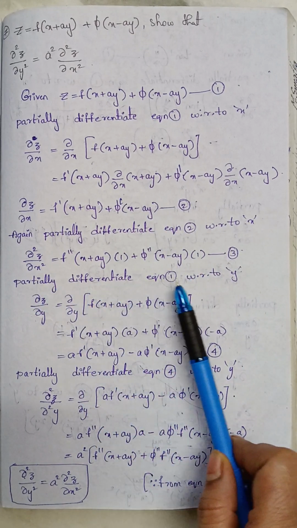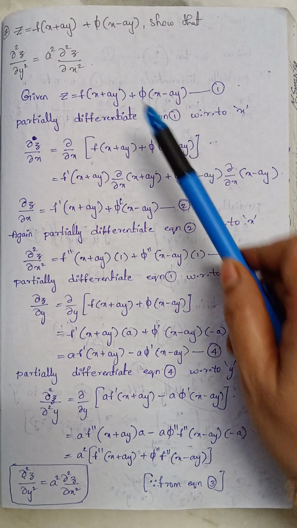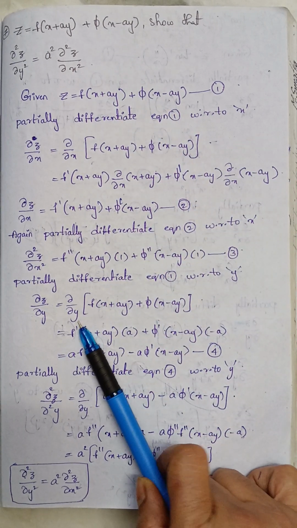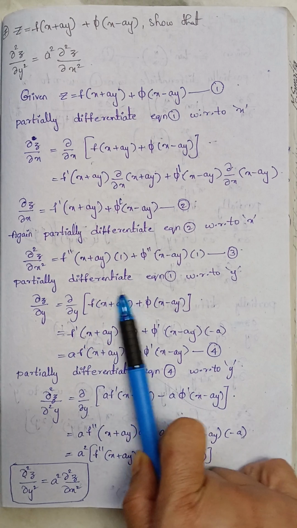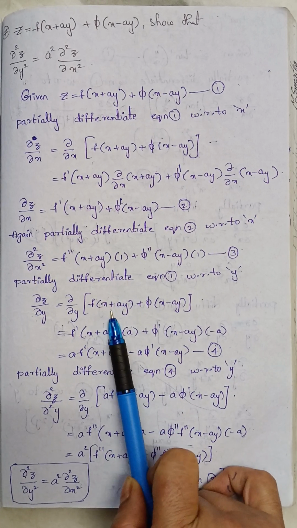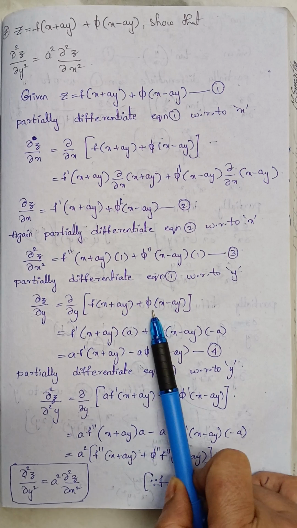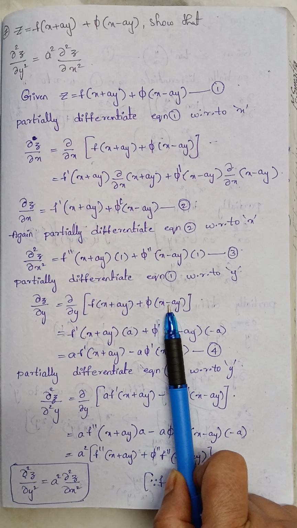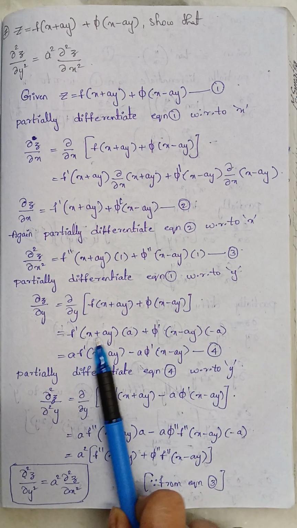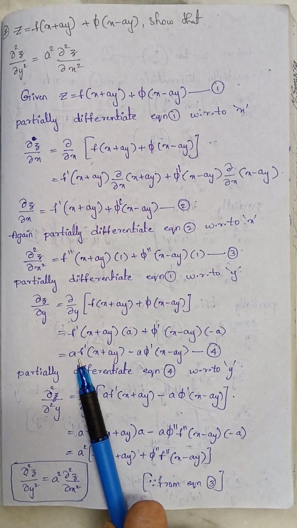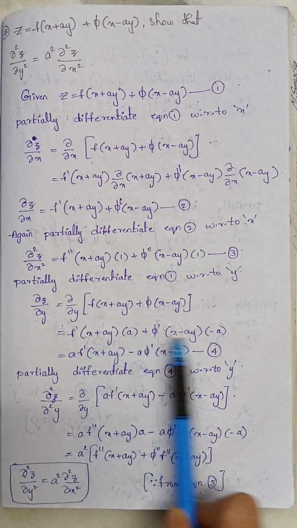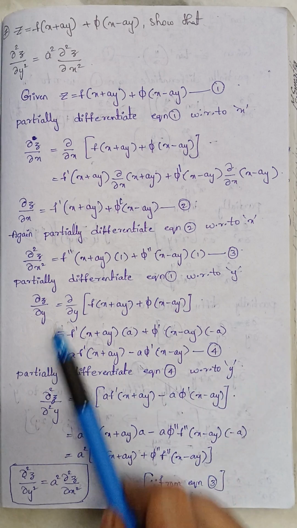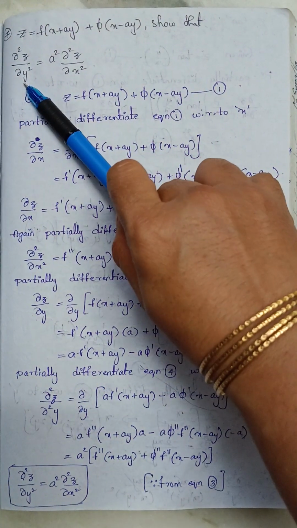Similarly partially differentiate equation 1 with respect to y here. So f derivative is f dash, again differentiate this with respect to y means x is constant 0 plus ay derivative is a. Similarly here pi dash of this, again this derivative is here coefficient minus a. Now here take a as common, or you can take as it is a into this minus a into this function. Again differentiate with respect to y because here we have 2 times differentiation.